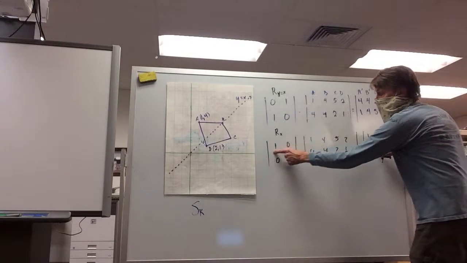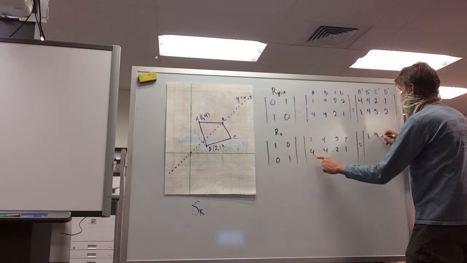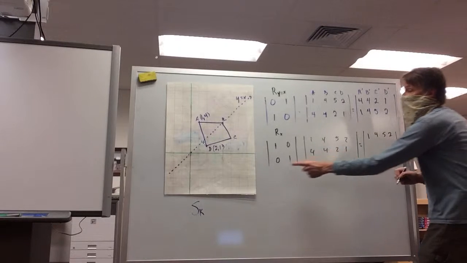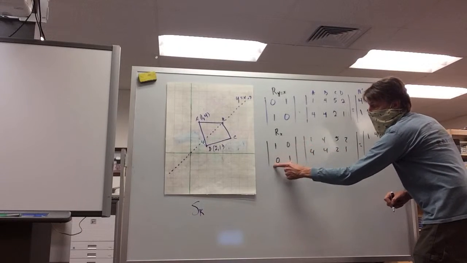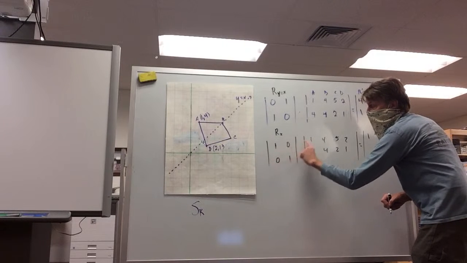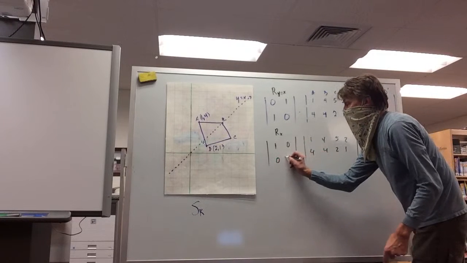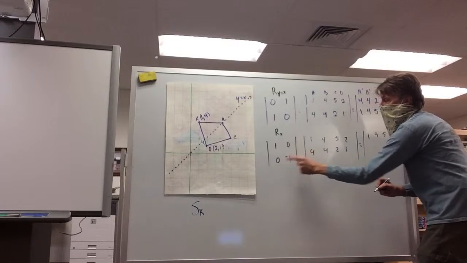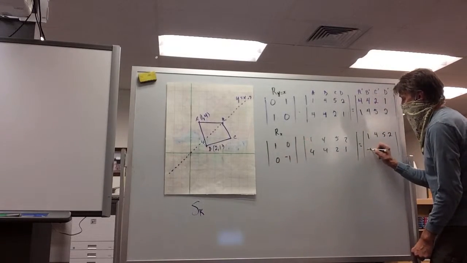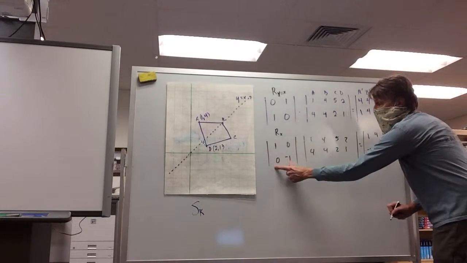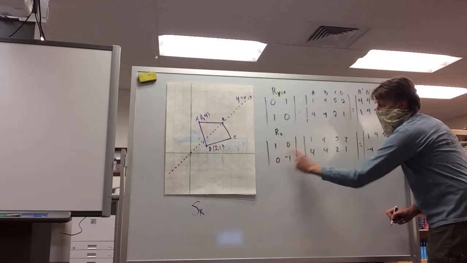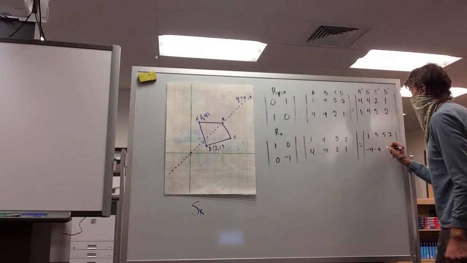And those we want to stay the same all the way across. What we want to change is the y, and when we take 0 times 1 and 1 times 4, if we were doing a -1, that would turn this sum into -4. And then the 0 times the top 4, the -1 times that becomes a -4, and so on.